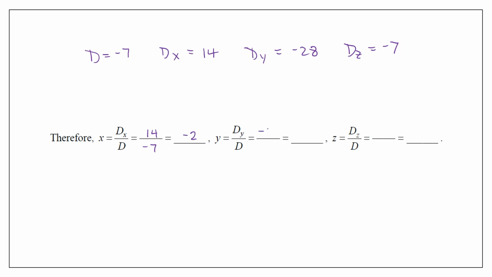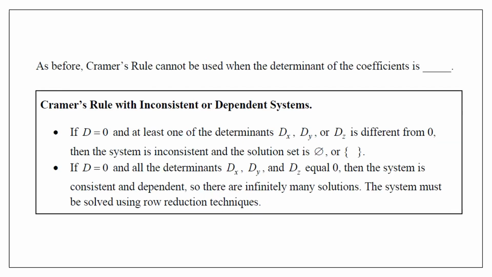Y equals negative 28 divided by negative 7, which equals 4. And z equals negative 7 divided by negative 7, which equals 1. So our solution is the ordered triple negative 2, 4, and 1. This is the solution to our system. That was a lot of fun. I love algebra.